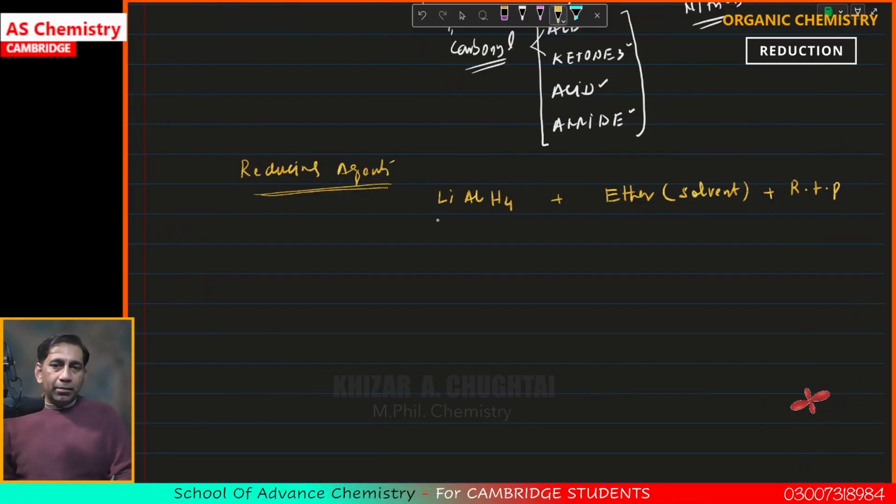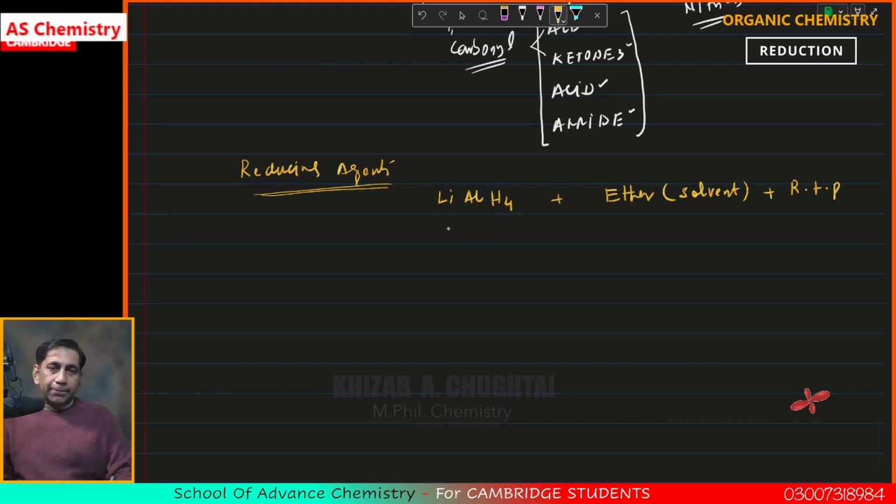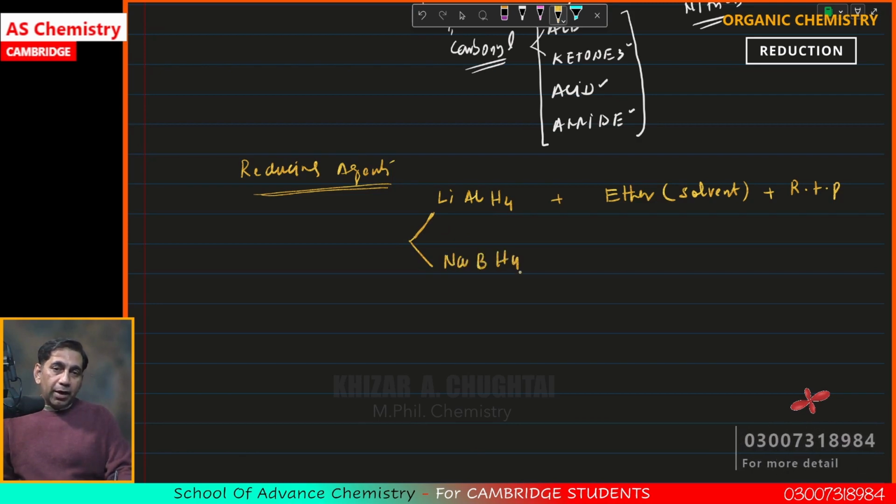25 degrees Celsius. Lithium and aluminium are basically metals. In lithium aluminium hydride, the aluminium hydride part has a negative charge, and lithium is the positive ion. So lithium aluminium hydride is the basic reducing agent. The second in the same category is sodium borohydride.